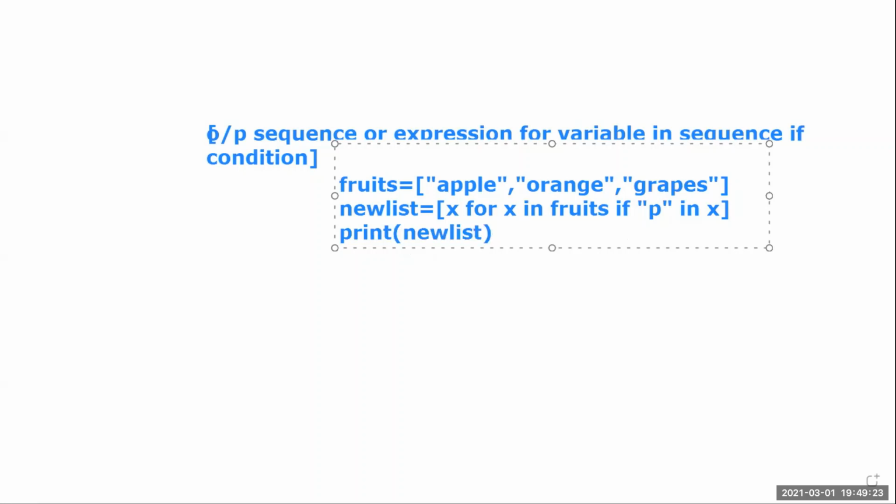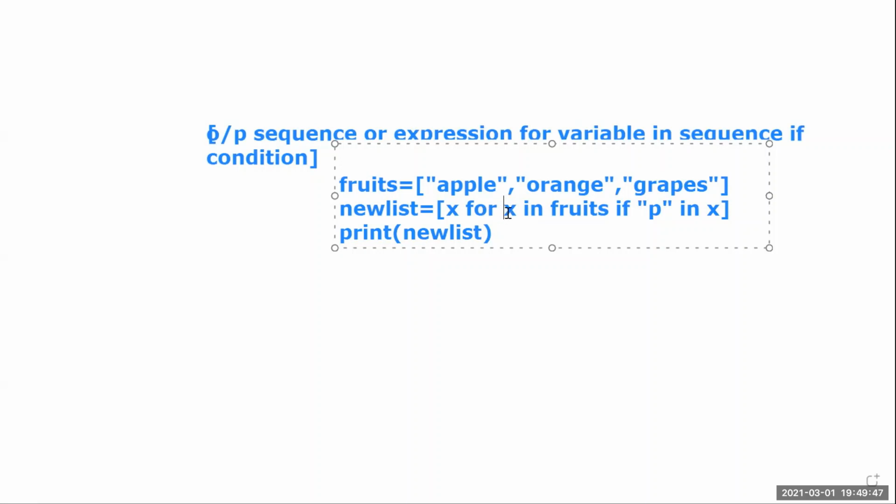So this step is called a list comprehension. X here is the output sequence or any expression. Output sequence means any variable. For variable in sequence: the variable is X, and my sequence is fruits.